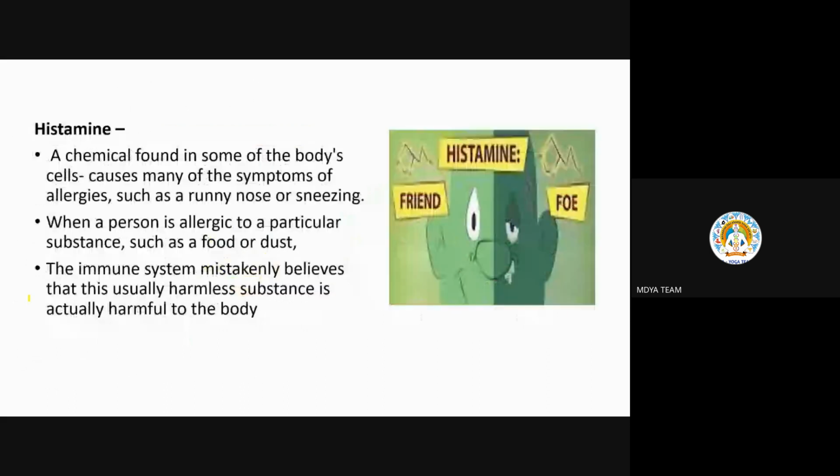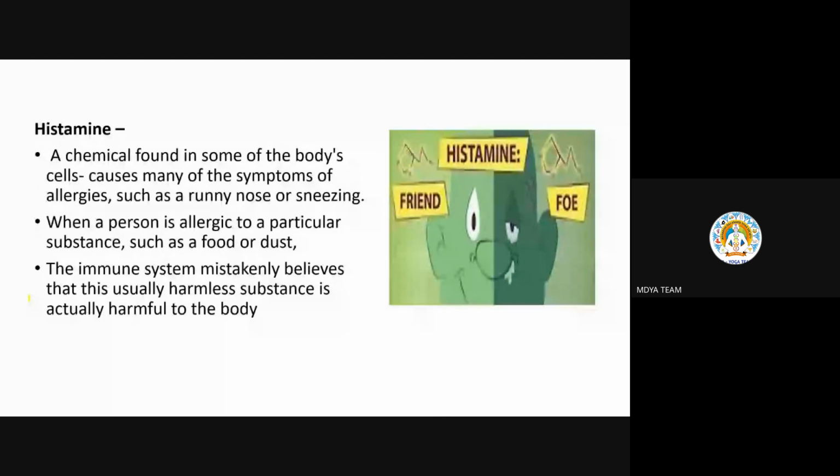And okay, so histamine, we will not read it, but I will make you understand what exactly it is. So what happens in our body when someone has a slightly weak immune system? His immune system is not that mature. Sometimes these allergens, tiny particles in our environment, enter our body through our breath.